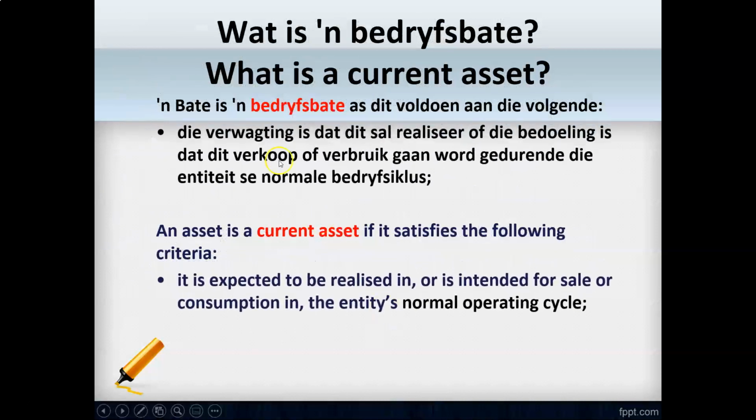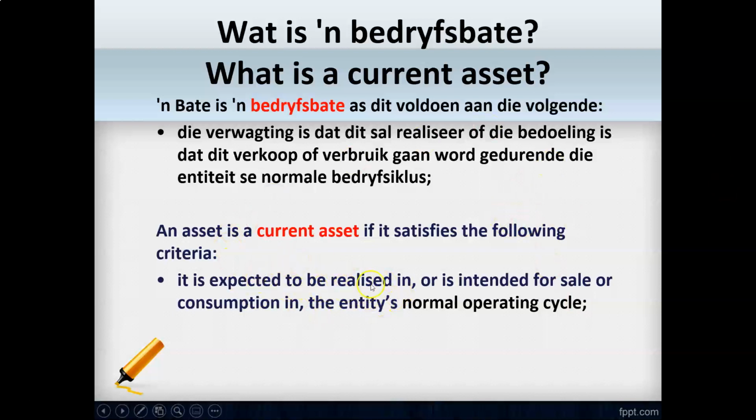Now, when is an asset a current asset? If it is expected to be realized in, or if it's intended for sale or consumption in the entity's normal operating cycle. Now let's just stop there for a little while. What does the word realize mean? Realize means I'm going to get rid of it. I'm going to sell it.